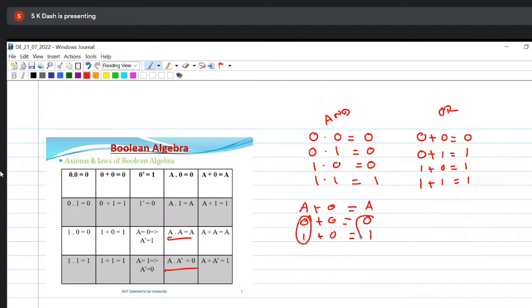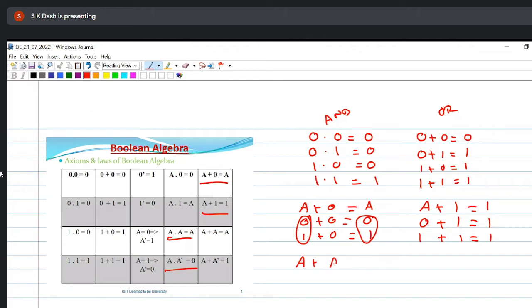Whatever the value of a, the same thing we are getting in the result. So a plus 0 will be equal to a only. Next, a plus 1, where a can be 0 or 1. 0 plus 1 is 1, 1 plus 1 is 1. So whatever the value of a, the result is always 1.